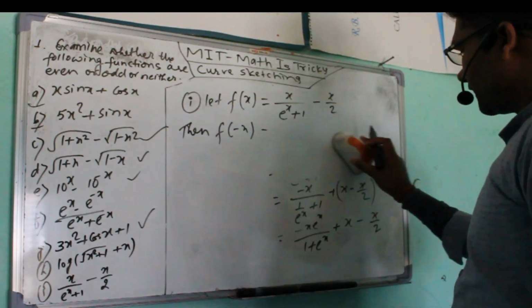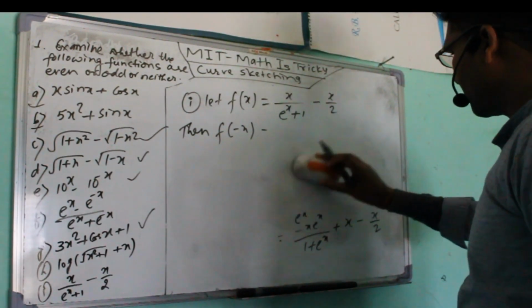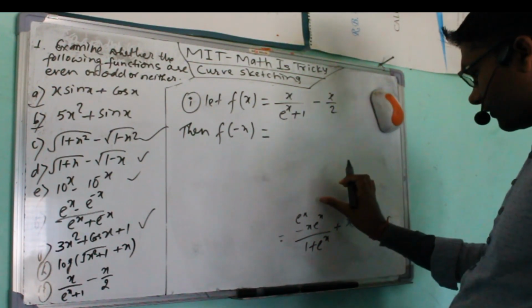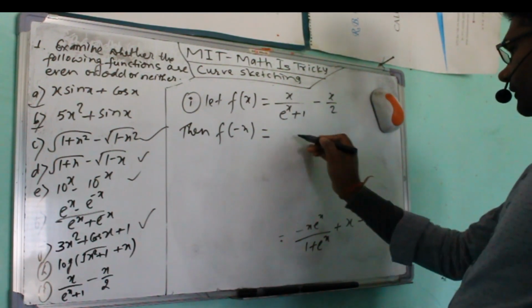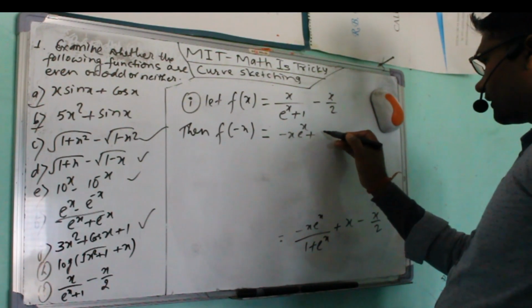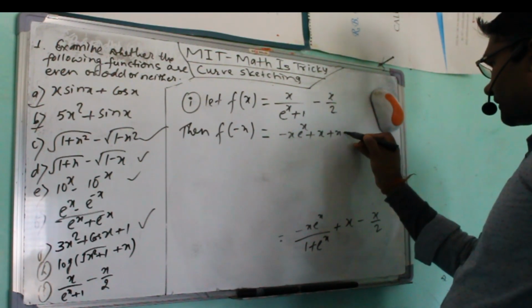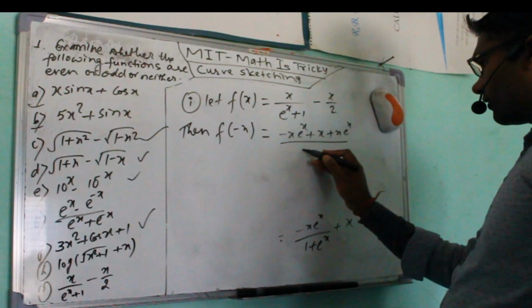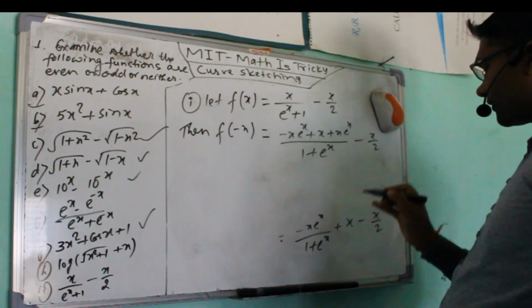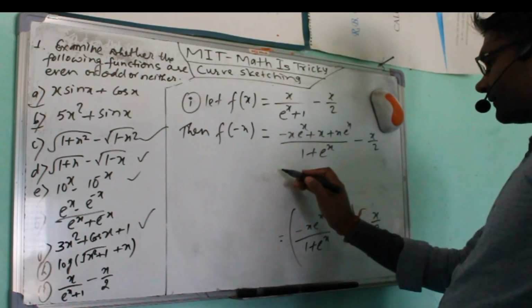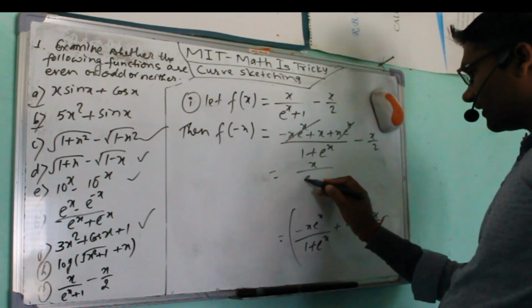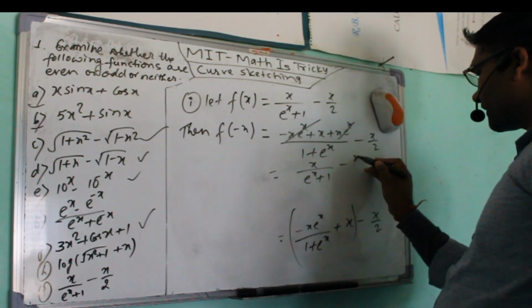So if we take LCM, let's see how much we get: −x eˣ + x eˣ... the first and last terms cancel, so we have x/(eˣ+1) − x/2.